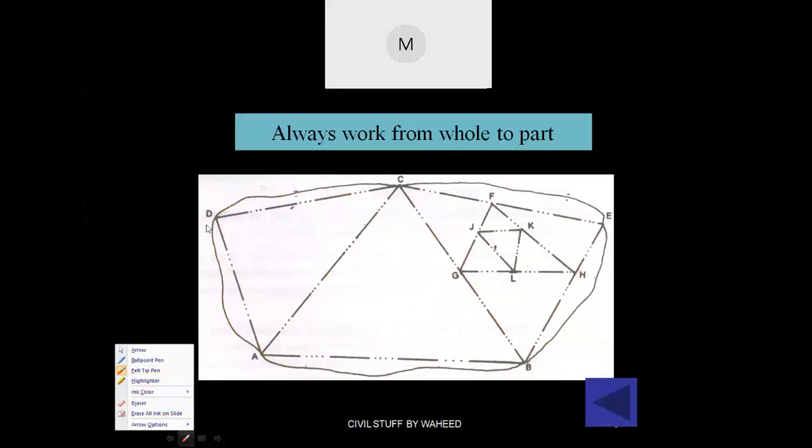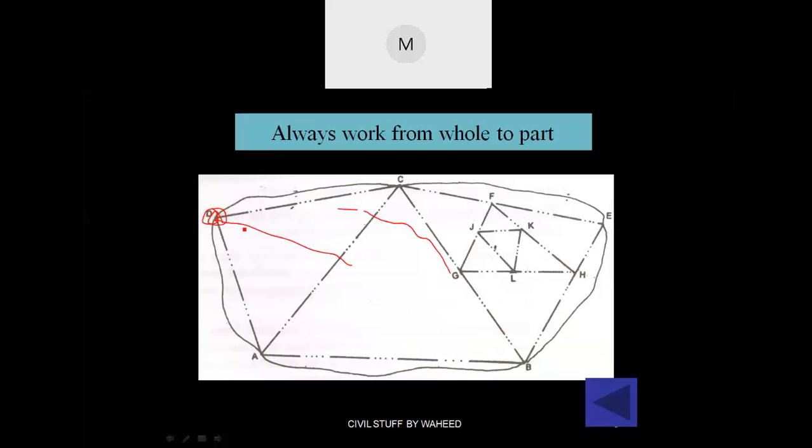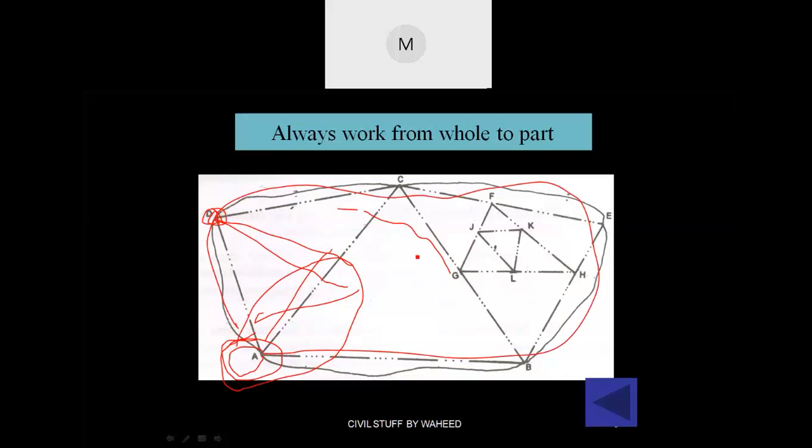For that reason, you always fix the boundary points, that is control points, like this, and work from whole to part. Now what makes the difference here is, since I have fixed the points, if any error occurs in this region, I can redo the survey from this control point itself, whereas the other will be perfect, means no need of conducting the whole survey once again.